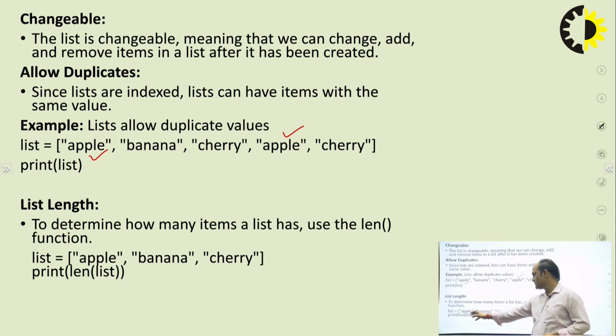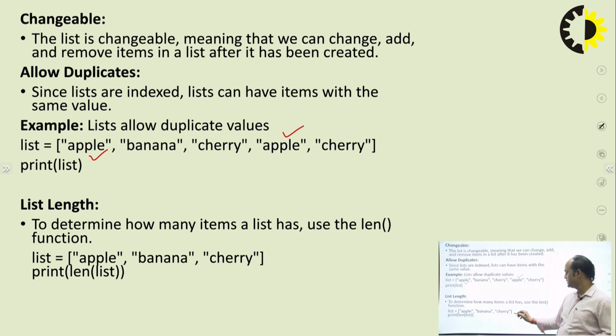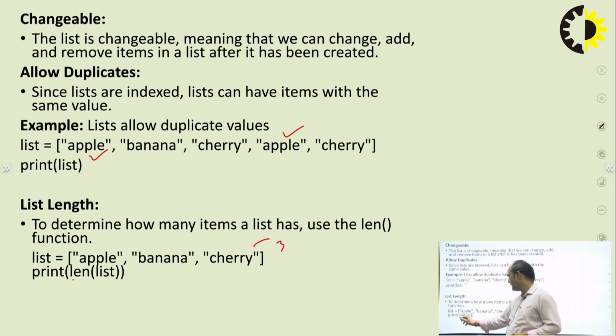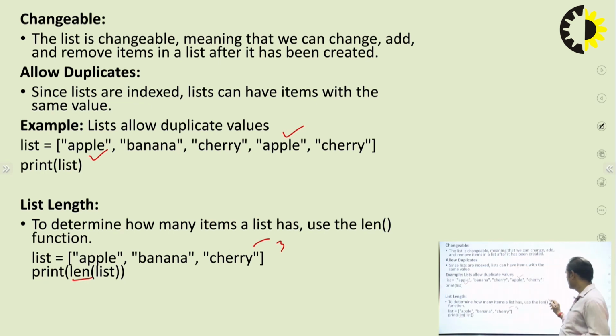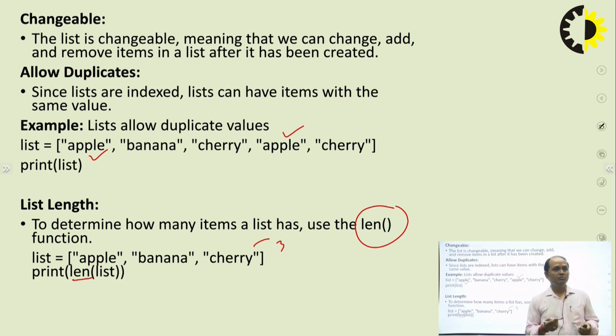Suppose this is a list: apple, banana and cherry. These are the 3 items in the list. We use print len to find the number of items in the list. What is the output of this? The output is 3.